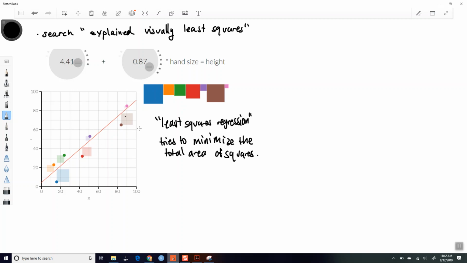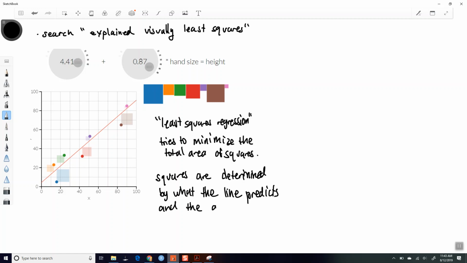And the squares are determined by what the line predicts and the actual value.